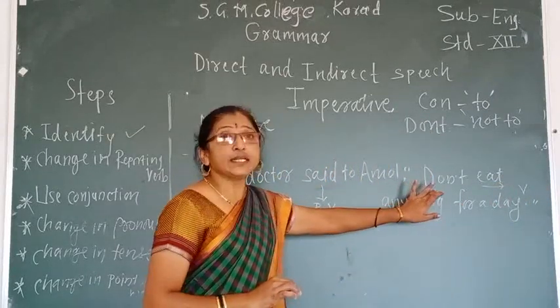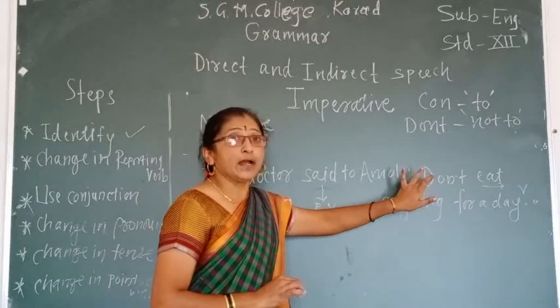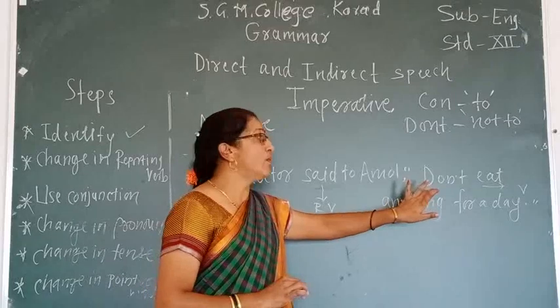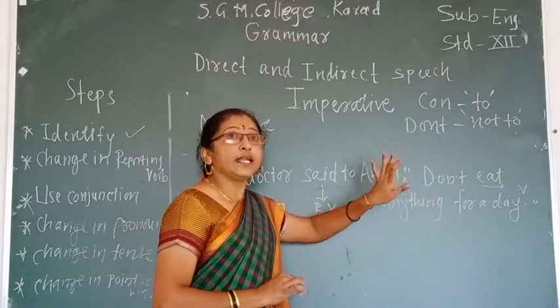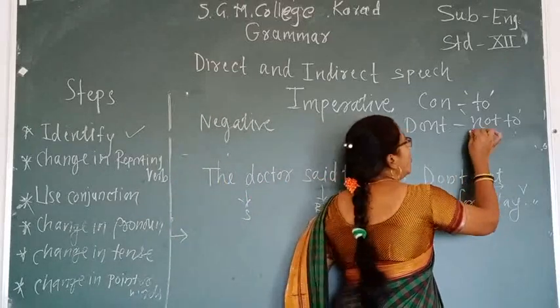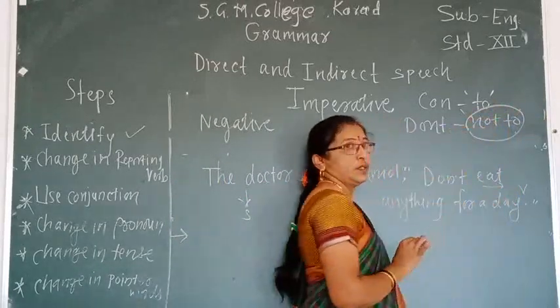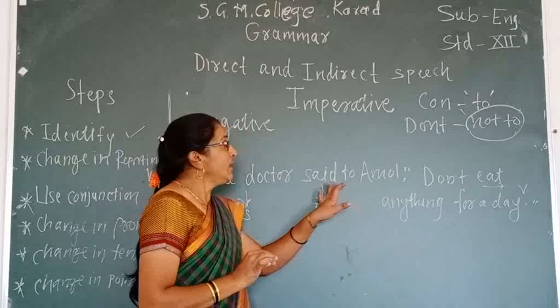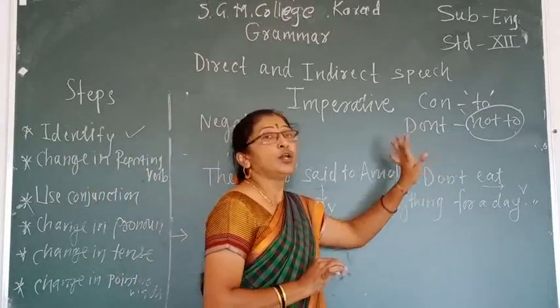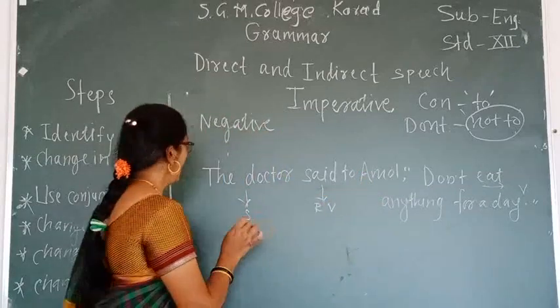This imperative sentence begins with don't, and our rule is if the imperative sentence begins with the word don't, meaning a negative imperative sentence, we use the conjunction not to. Remember students, in negative imperative sentences we use the conjunction not to.